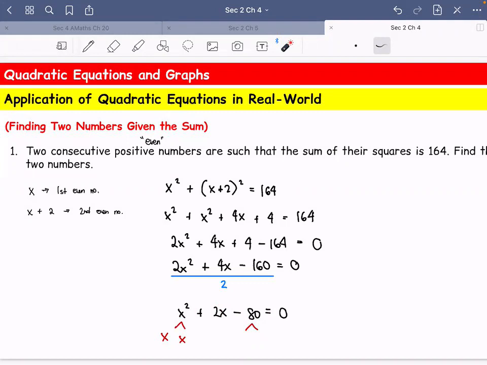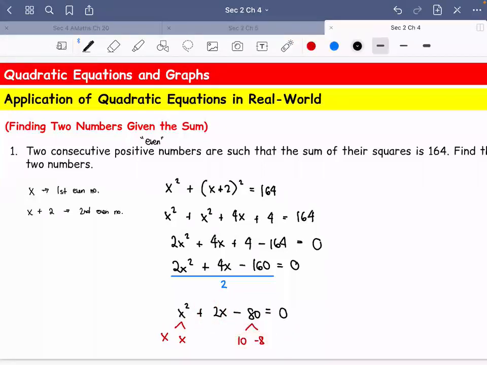Obviously, I think it's 10 and 8, right? But which one is negative, 10 or 8? Because this is positive 2, the bigger number should be positive. So this is negative 8. 10 times negative 8 is negative 80, and 10 minus 8 is 2. So we have our factors here.